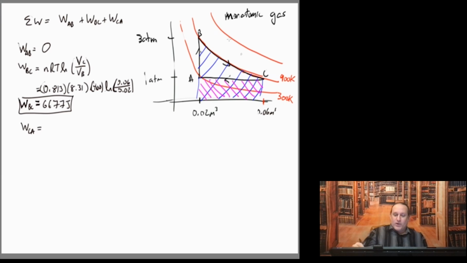So the final result when we add these three works together will be just the area inside this almost triangular shape. So the work from C to A, it's isobaric. It's just the base times the height of that rectangle. The base is 0.04 cubic meters, and the height is just 1 atmosphere.